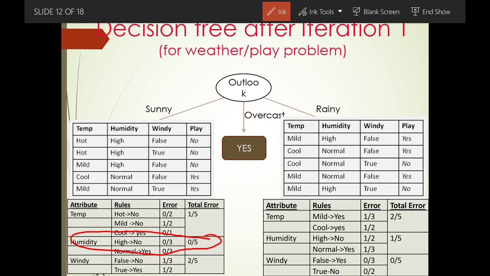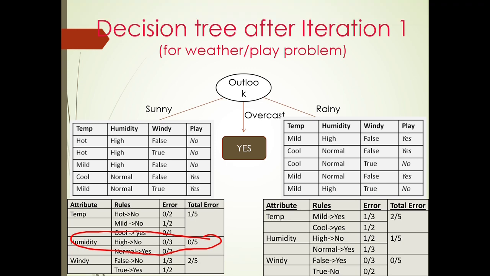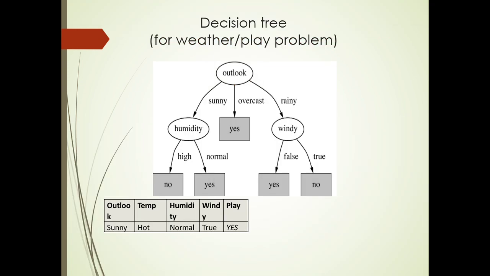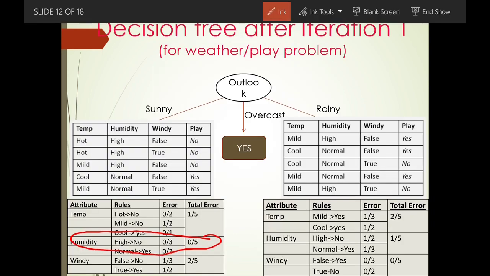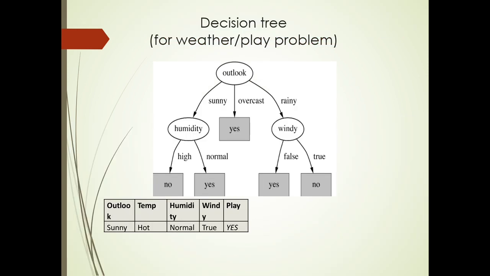On the right side, windy is chosen as the subtree for rainy.